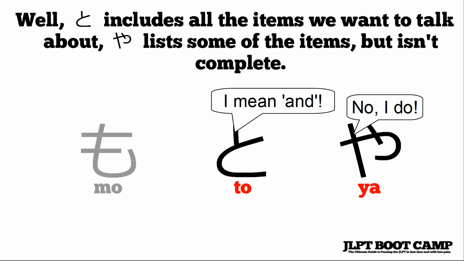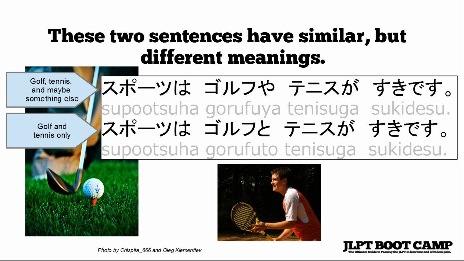For example, to use the sentences that I used before, we would use to. Ya lists some of the items, but isn't complete. It's not exhaustive, so to speak.